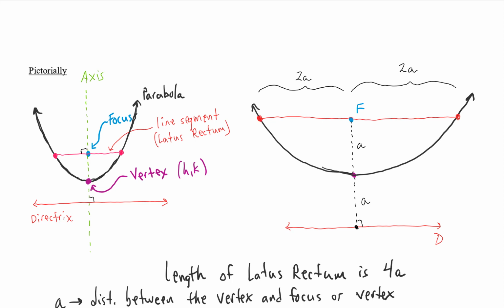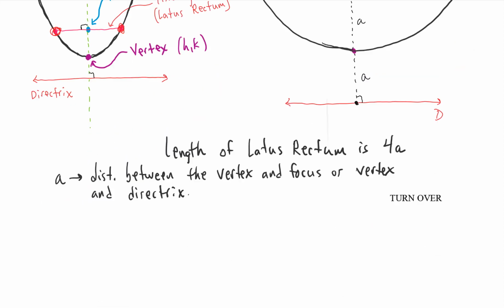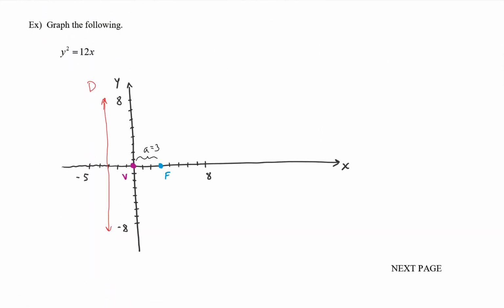Remember the endpoints of the latus rectum are on the actual parabola right here. There they are. So for this one, I have to double whatever a is, and if I double it, it's 6. So I'm going to go up 6, down 6.